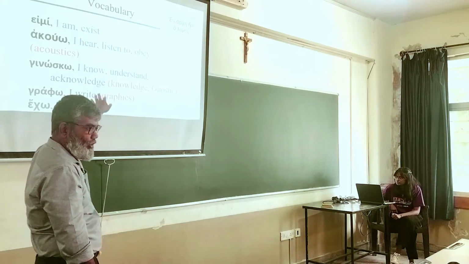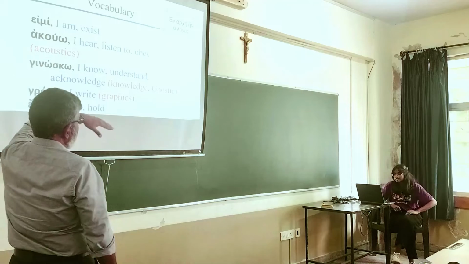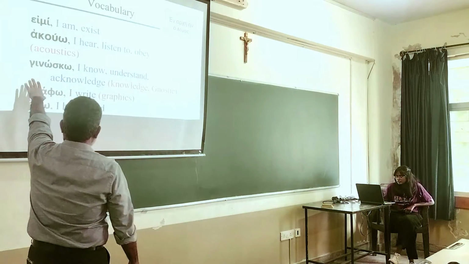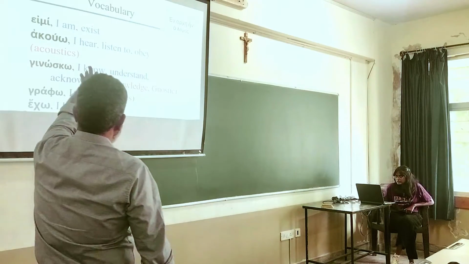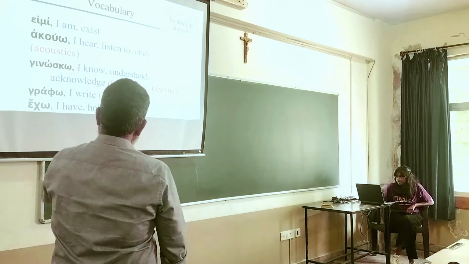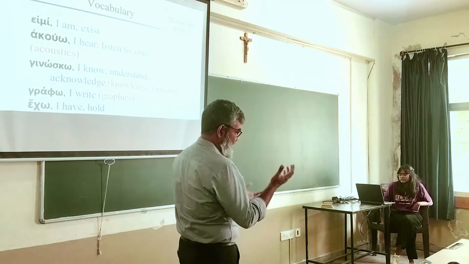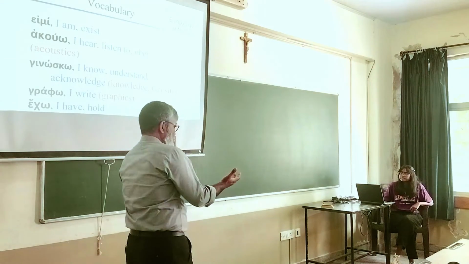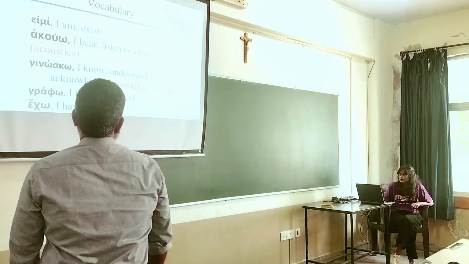If it is omega ending, you know it is a verb. Next class is all about verbs, so I just want you to be aware. They're already starting memorizing verbs. Eimi is I am, I exist. It is almost like an equal sign in a sentence. We will see.